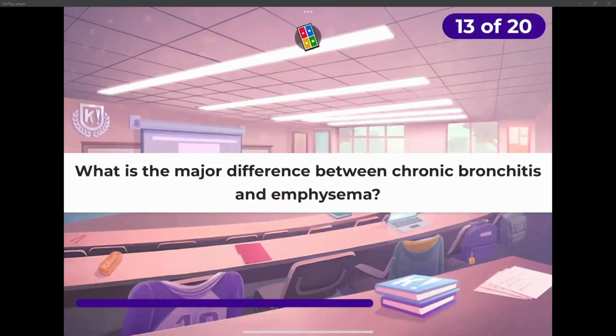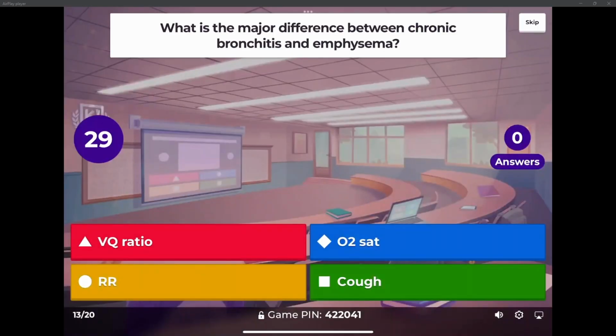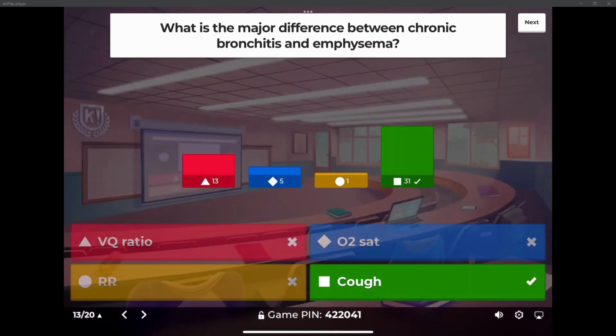Okay, what's the major difference between chronic bronchitis and emphysema? Okay, so what's the major difference? Coughing.